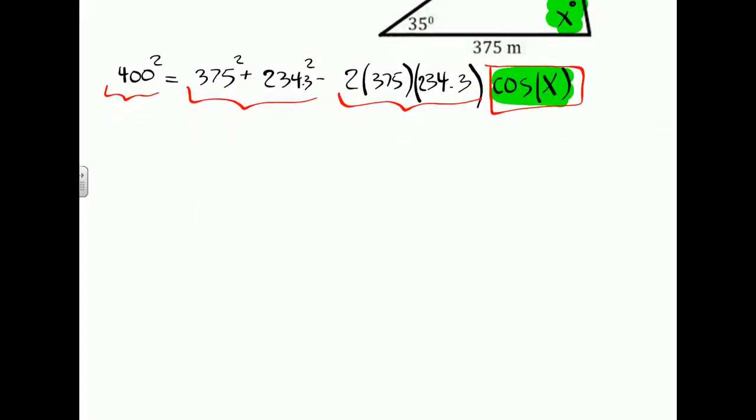What's 400 squared? It's 160,000. How many zeros? Four zeros? So we're talking about 160,000 there. Okay, this is where I'm going to need some help. Equals, what's 375 squared plus 234.2 squared?